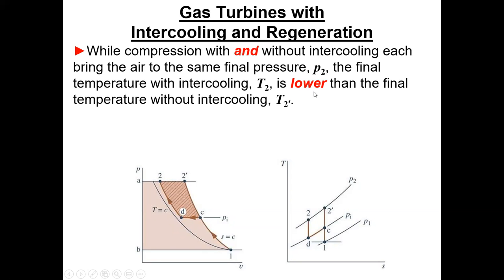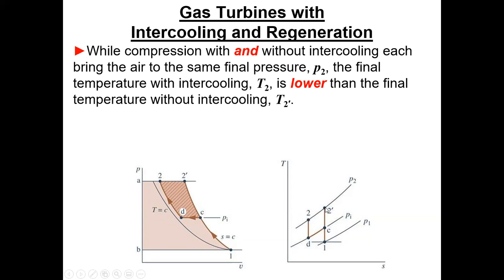So notice that the final temperature with intercooling, T2, is lower than T2 prime. Reheat, if I remember right, increases the temperature out of the turbine, and intercooling decreases the temperature out of the compressor. This seems like a match made in heaven, doesn't it?